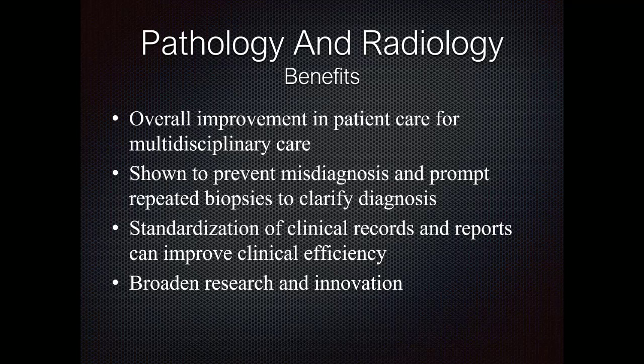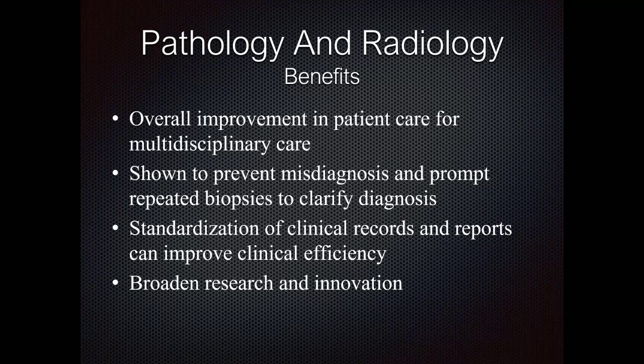Usually radiology has their own system and pathology has their own system, and all the reports hopefully feed well into the electronic medical record, but they might not always communicate effectively. So having a standardized record is ultimately the goal, so that you can have one system that gives you the information you need. And then eventually you can use all this to help research and get better at these jobs and improve our results.